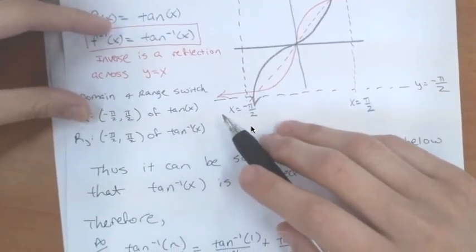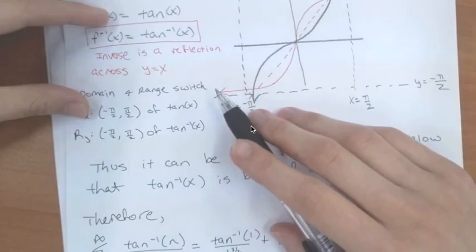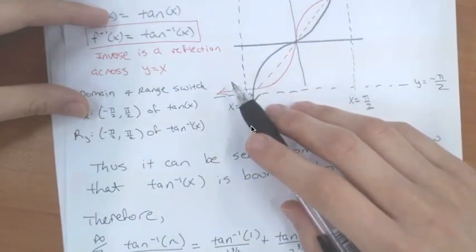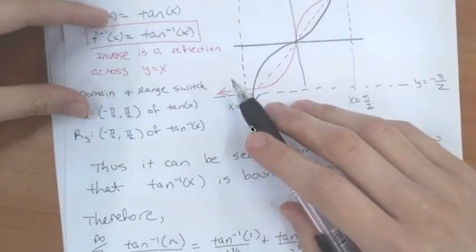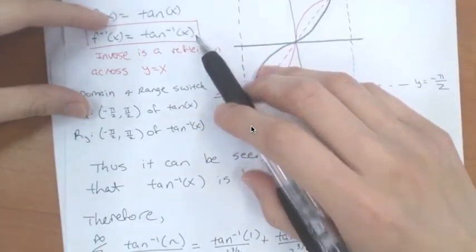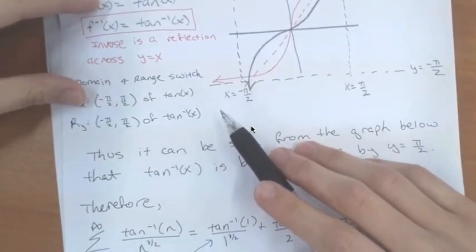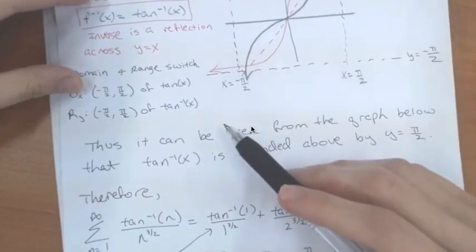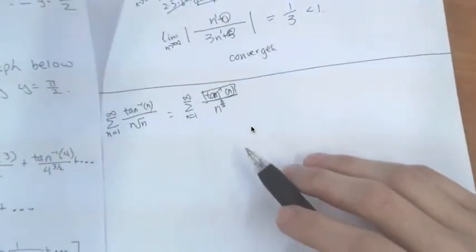Please note that we use x to see the pattern instead of n, because x refers to all real numbers in these functions, and n only refers to natural numbers in the original series.